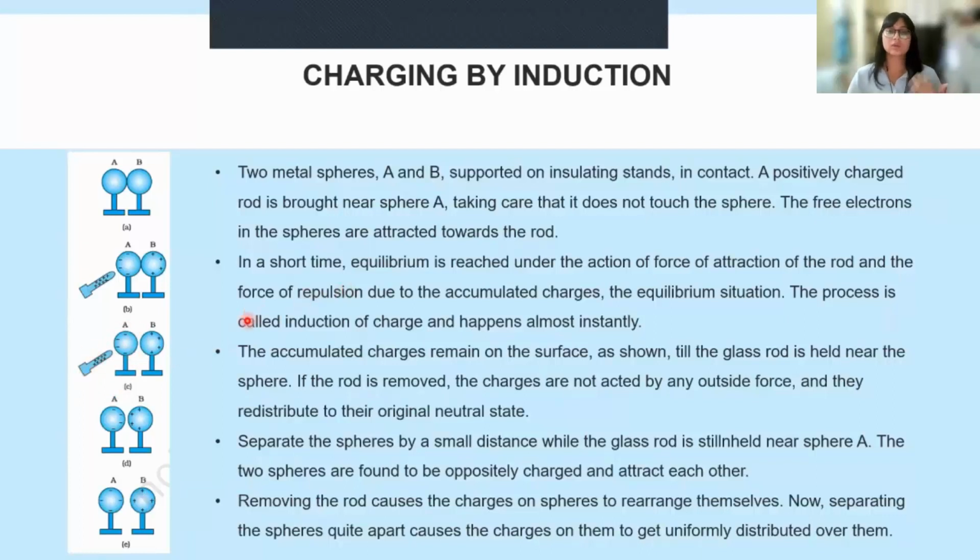So this is what we call charging by induction, and this is how most of the materials get charged. Induction is a very important process by which some object would get electrically charged.